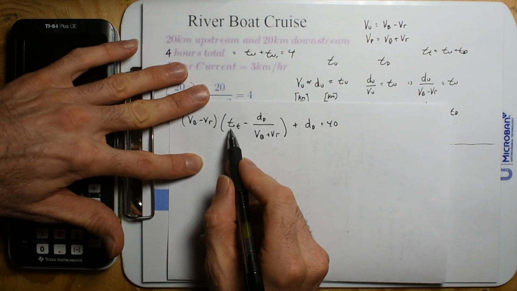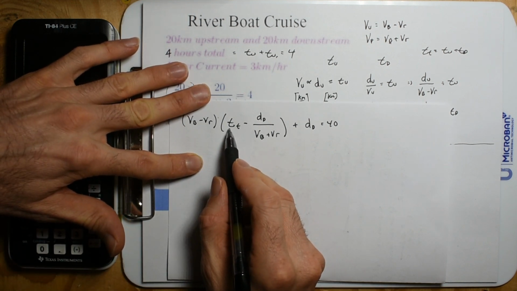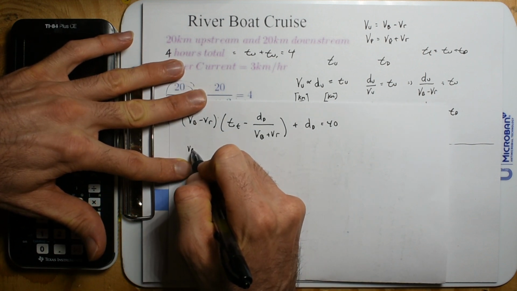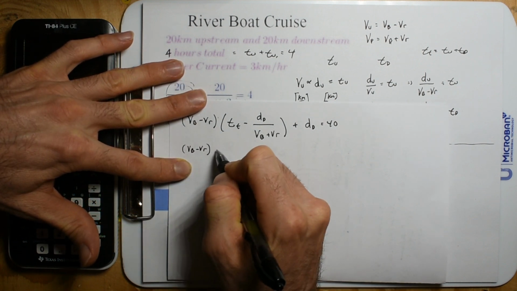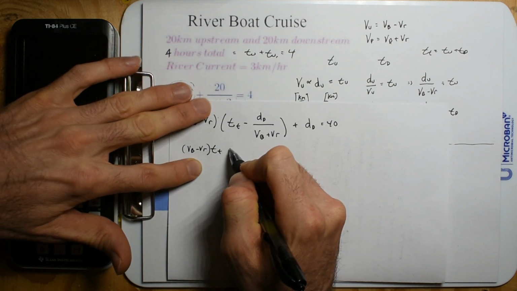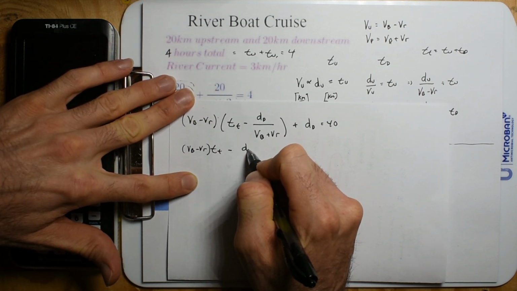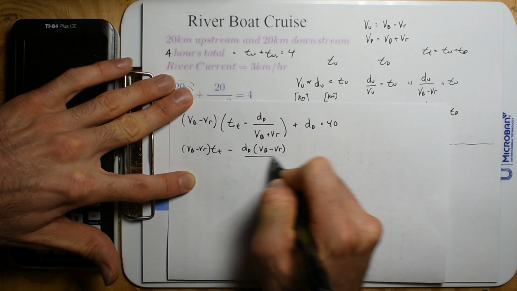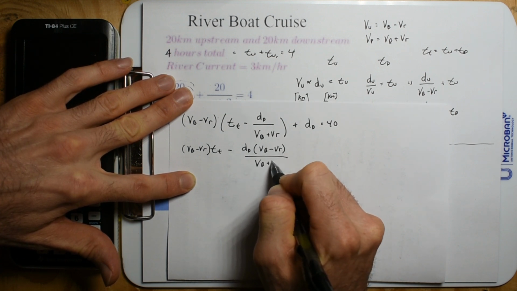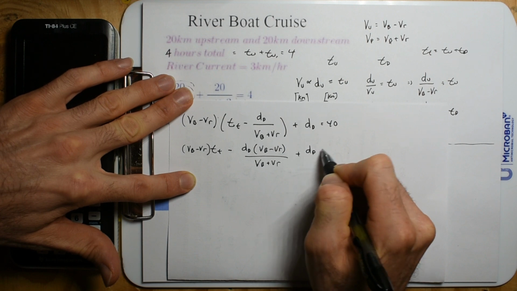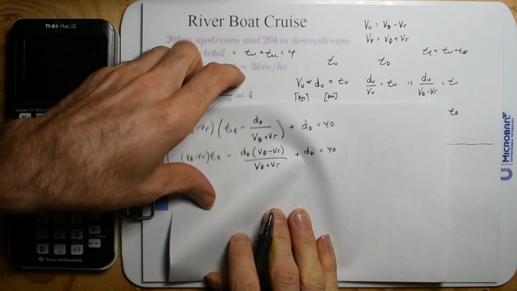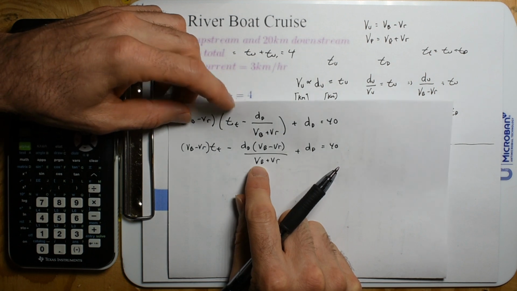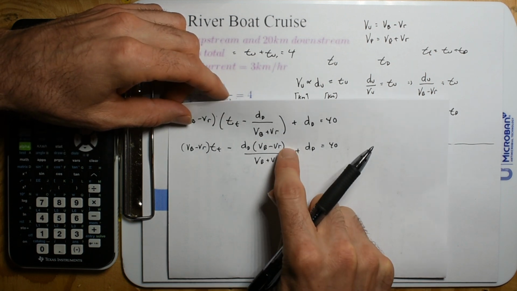So if we factored that through, I guess we'll just go (VB minus VR) times time total, and then minus distance downstream times (VB minus VR) divided by (VB plus VR), plus distance downstream is equal to 40. Okay, so we want to get this out of the bottom.